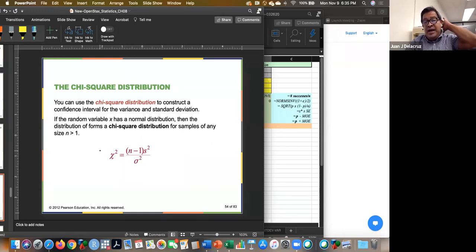So when we have a sample greater than 1, meaning 2 and more, we might be able to use the chi-square. Of course, a very small sample might not be the best thing to do. We are always hoping to have a sample that is more representative of these values.